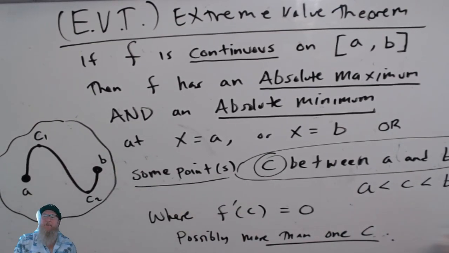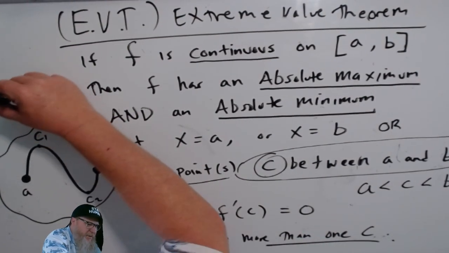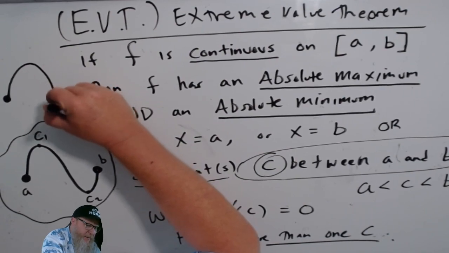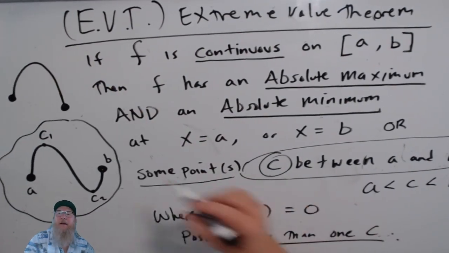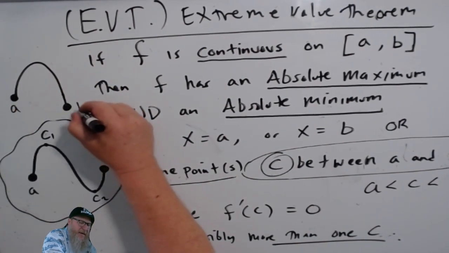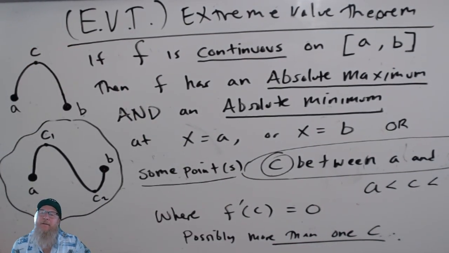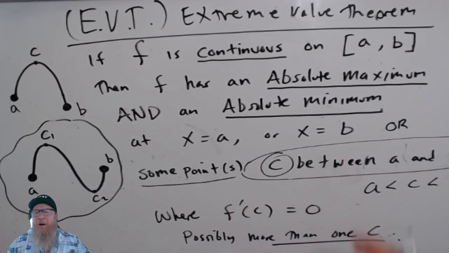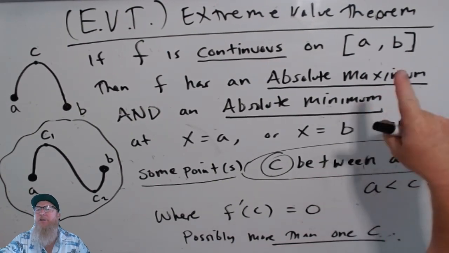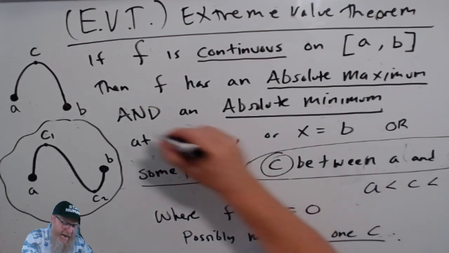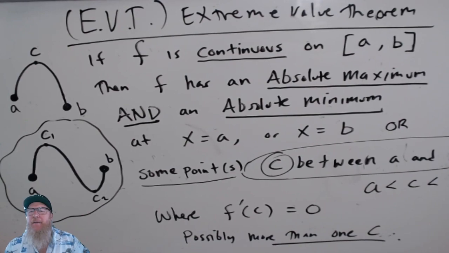So in this diagram, there's two C's. Here's what it would look like if there was only one C. Yeah, so you have an A, a B, and then a C. So this is the extreme value theorem. It basically guarantees that we will have one of each, one maximum and one minimum on the interval.